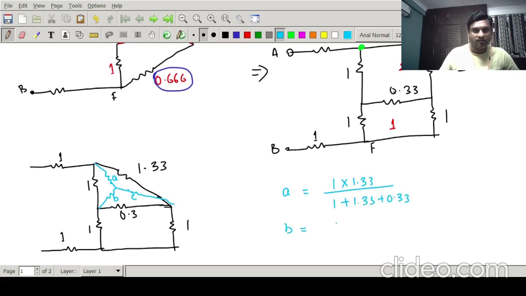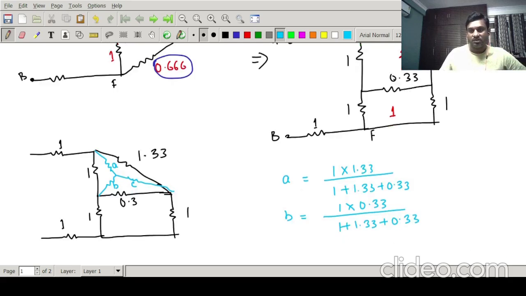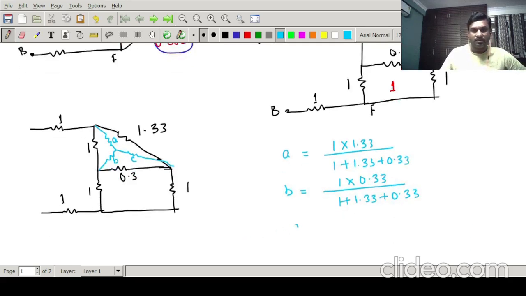Similarly, B I can find out by multiplying 1 into 0.33 divided by the total resistance, and C we can find out by multiplying 1.33 into 0.33 divided by 1 plus 1.33 plus 0.33.